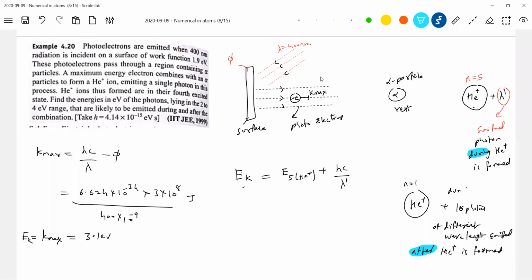Let's calculate. We don't know lambda dash. Does it lie between 2 electron volt and 4? We don't know. We should calculate that.